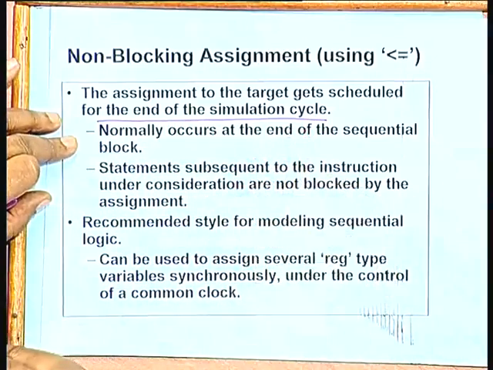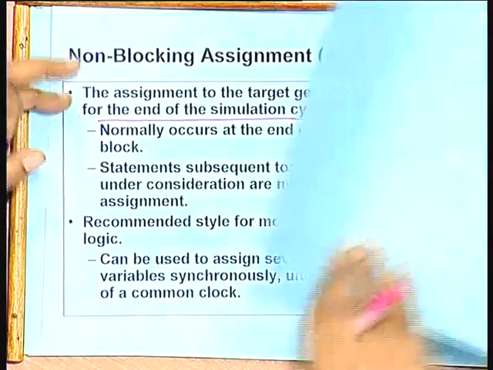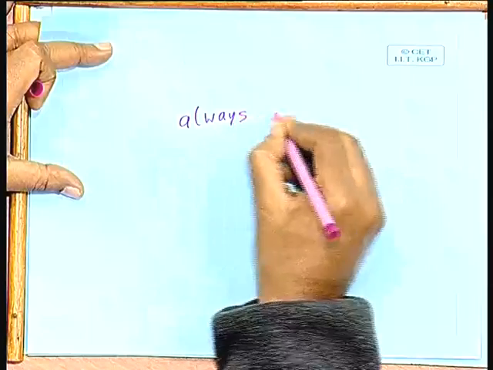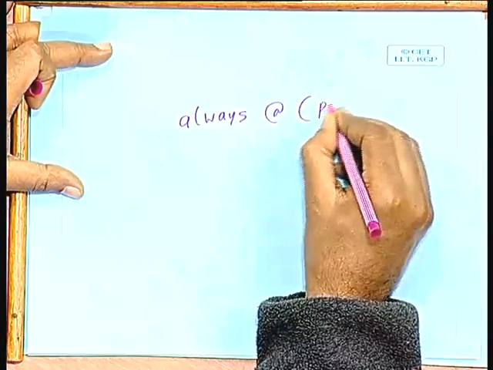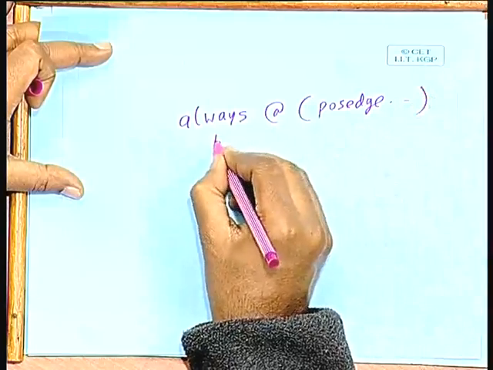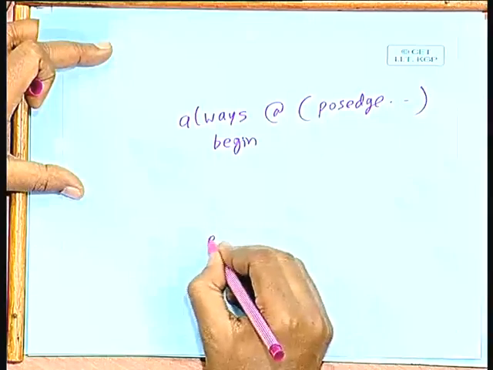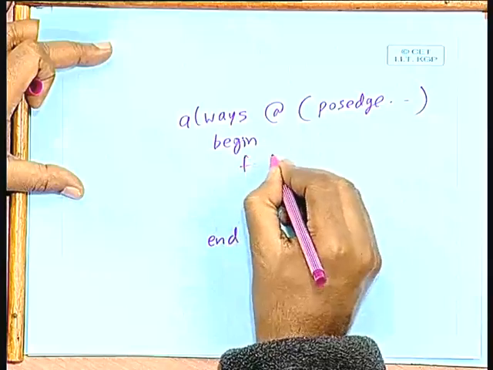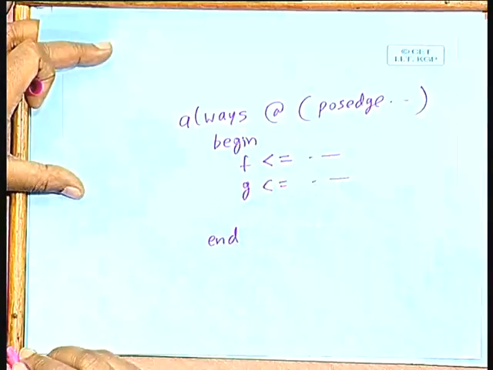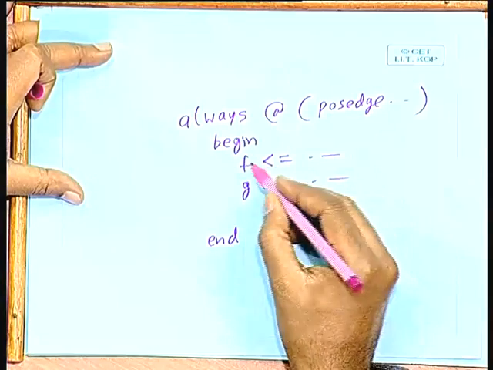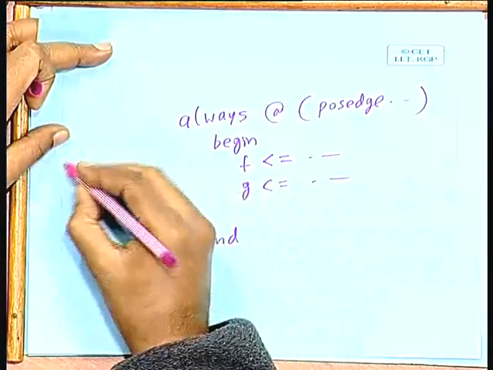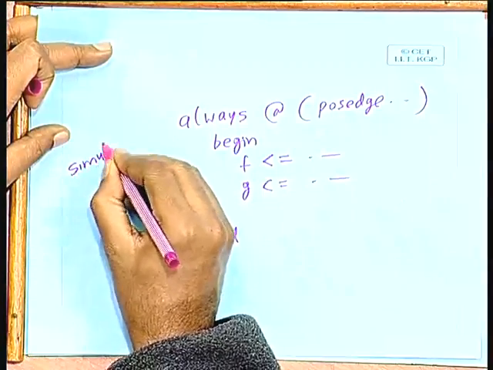End of the simulation cycle means, suppose you have an always block which is triggered by some posedge or negedge of some variable, which is a clock or something. Now, inside the begin end you have several such statements, f assigns something, g assigns something. Now, with a simulator, you think from the point of view of the simulator.